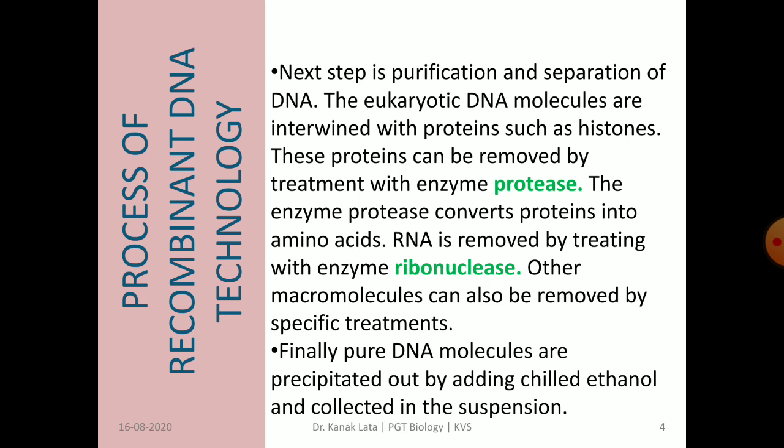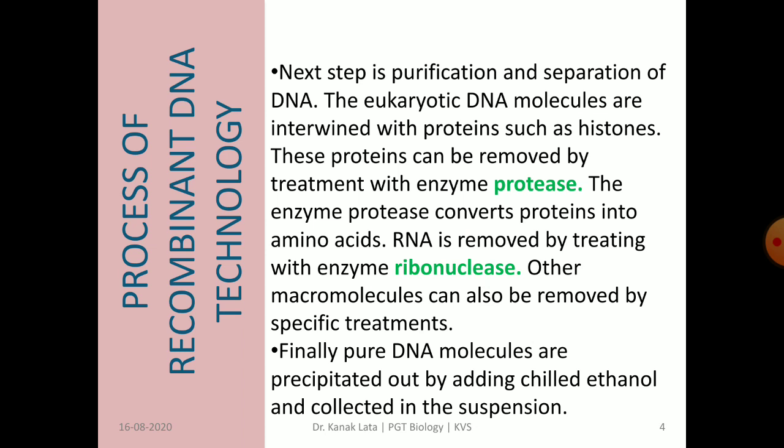So here, for the removal of protein, the enzyme protease is used, and this enzyme converts protein into amino acids. Similarly, RNA is removed by treating with the enzyme ribonuclease. Meanwhile, other macromolecules are also removed by specific treatment.